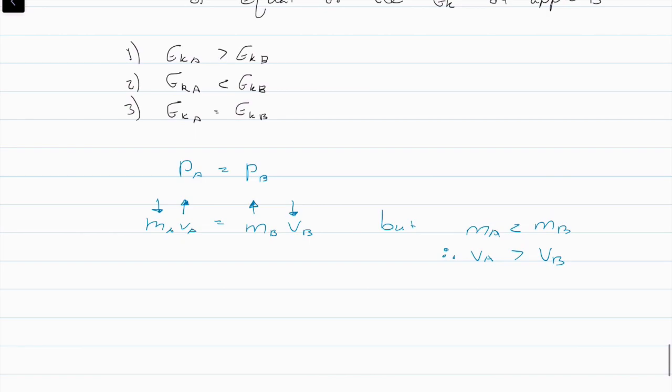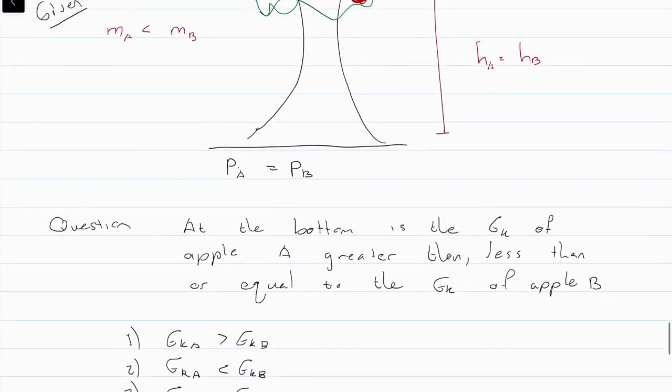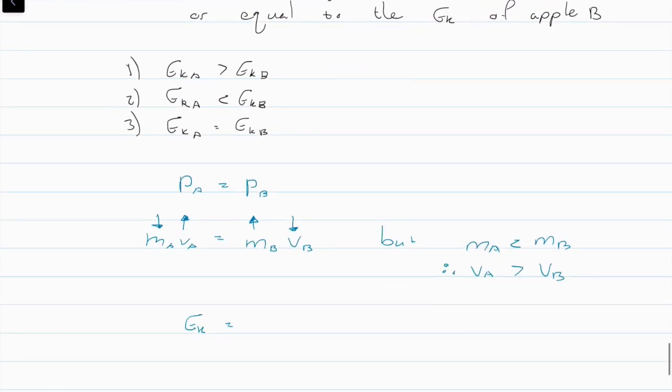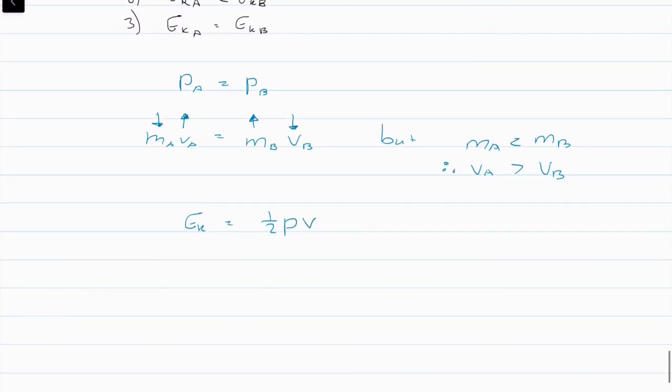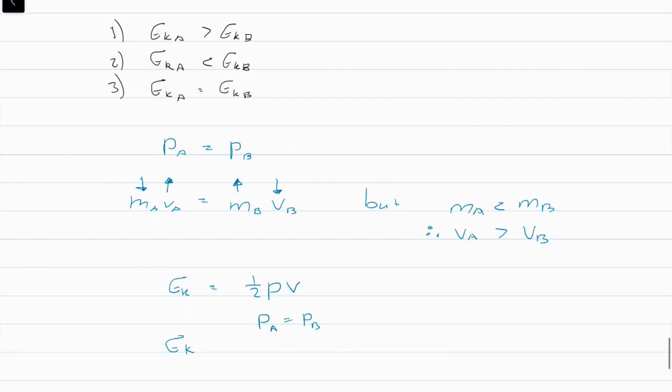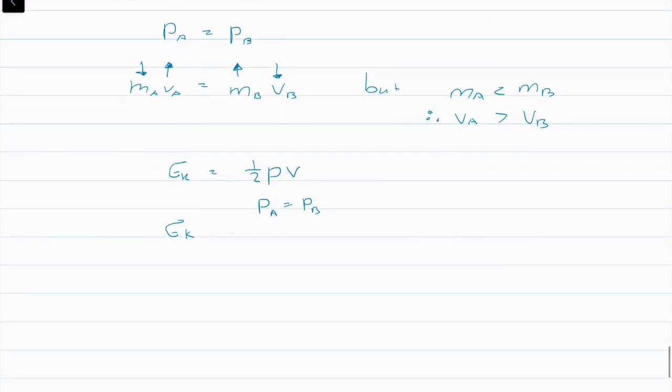Okay, and we also know from what we just did that Ek is equal to a half times the momentum times the velocity. In this case, we know that the momentum of A is equal to the momentum of B. So because the momentums are the same, Ek is proportional to the velocity.